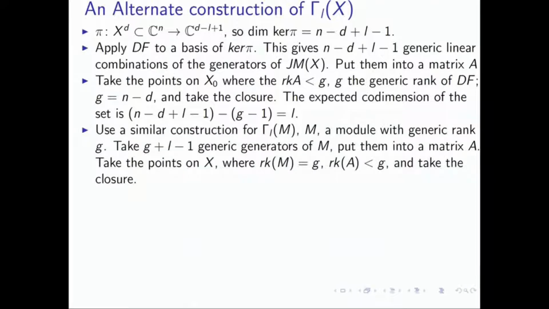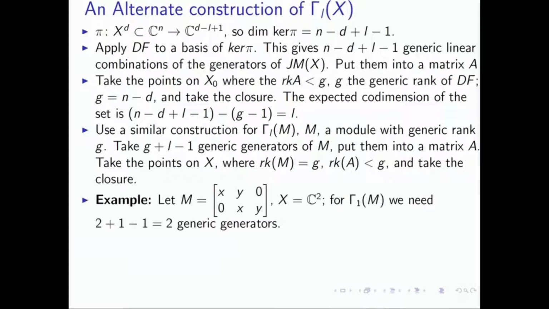Okay, so now we can use a similar construction for the polar curve of a module. M is a module with generic rank G. Again, we take G plus L minus 1 generic generators of M, put them into a matrix A, take the points now where the rank of M is G and the rank of A is less than G, and then we take the closure. Same construction basically as it works for sets.